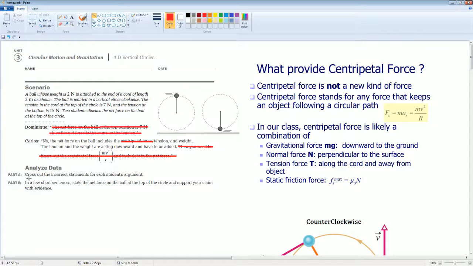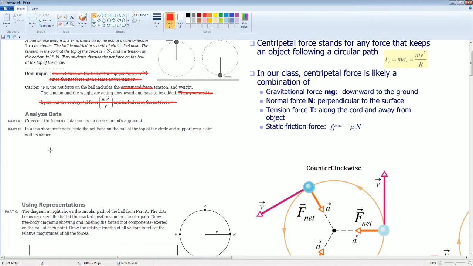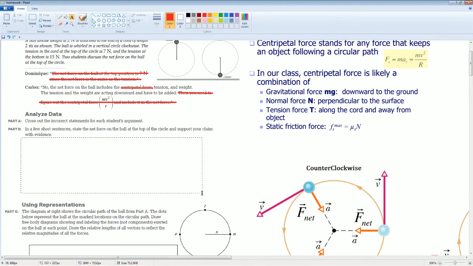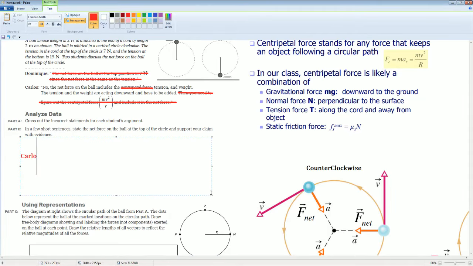So using the notes for centripetal force, you can now write down in a few sentences what is wrong. I would say Carlos is correct that the net force is a combination.